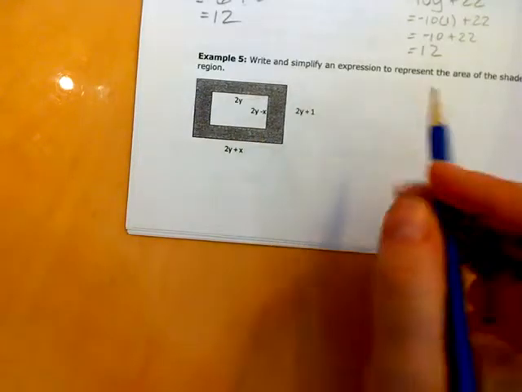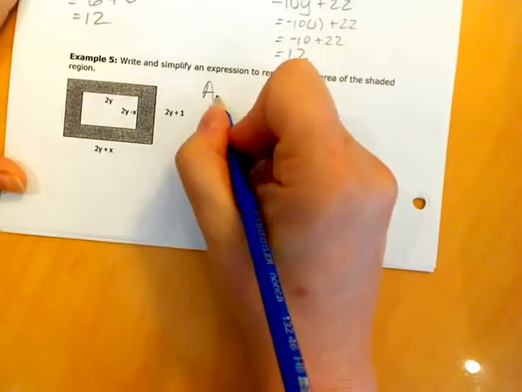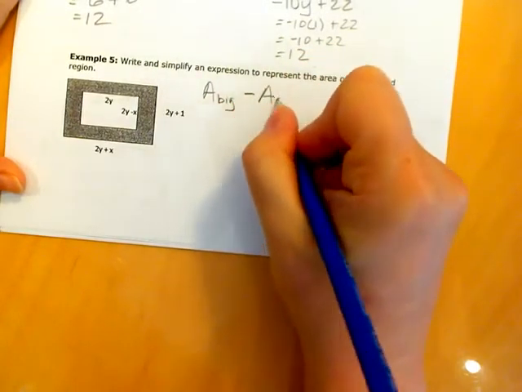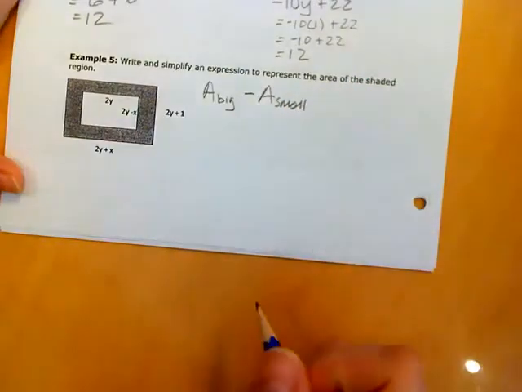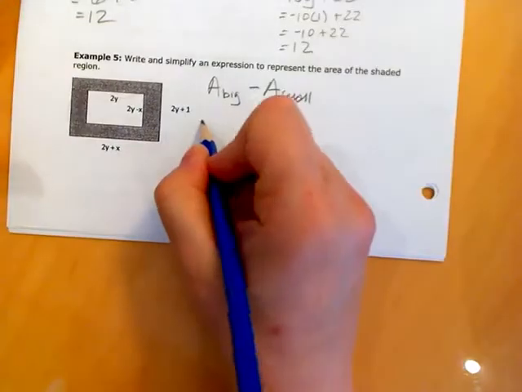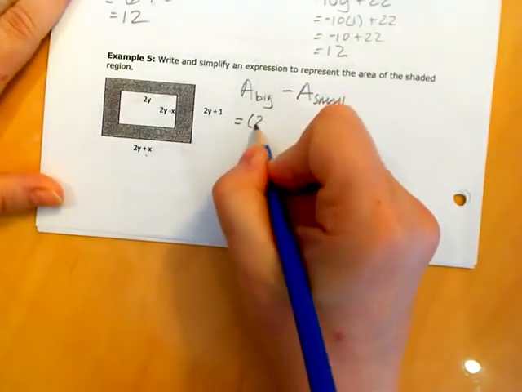Sure we will. Okay, so let's do the area. I'm going to call this, there's the area of the big rectangle, and then we're going to subtract the area of the small rectangle to be left with the area of the rectangular ring. So let's see here. The area of the big is length times width.